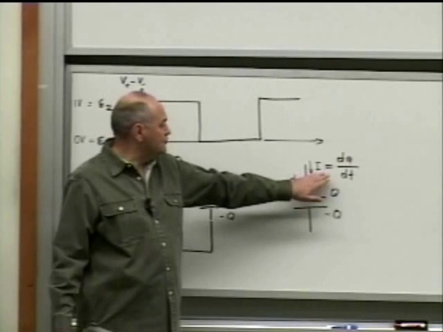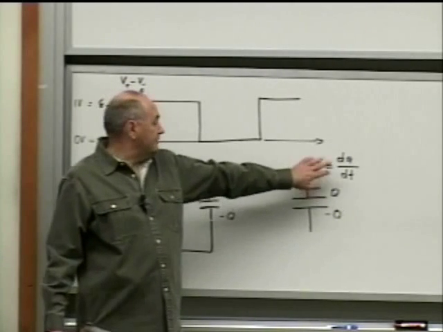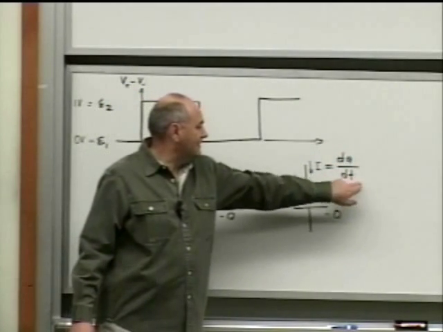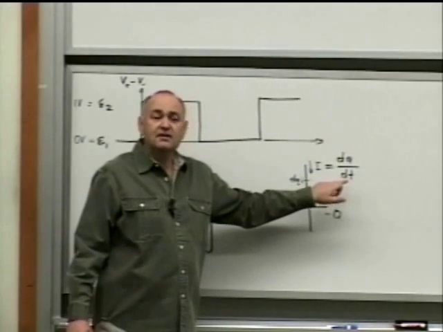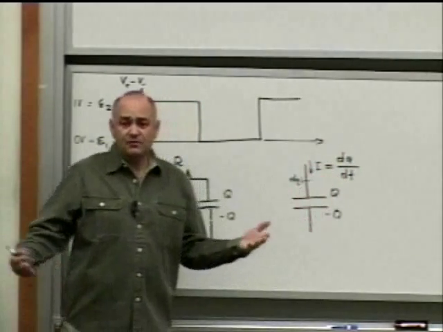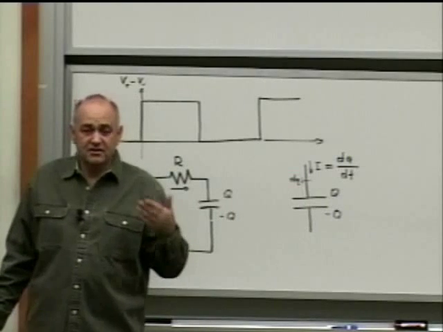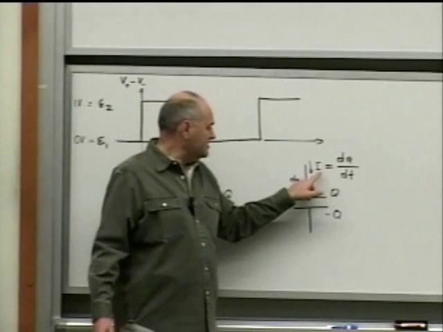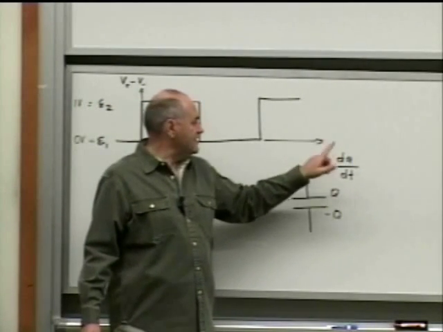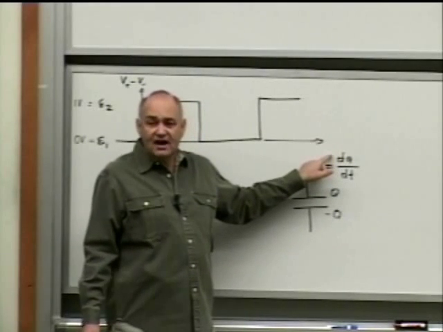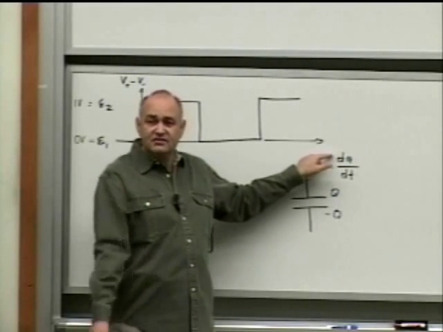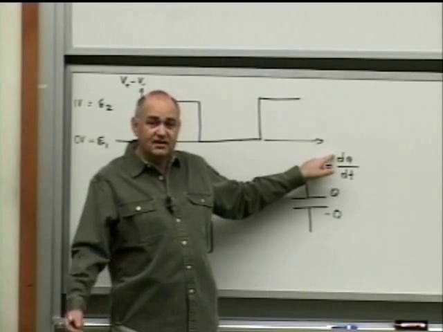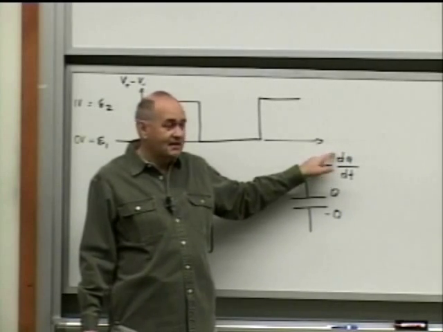Let's think about how to read this particular expression. In other words, I will repeat the definition of current. Current through a surface is equal to the rate at which charge is being transferred through that surface. This is the definition of current.